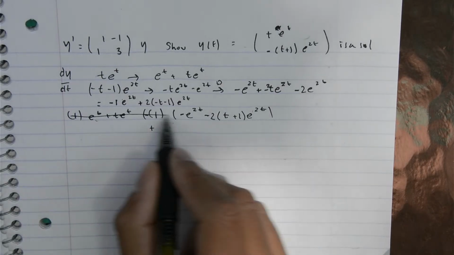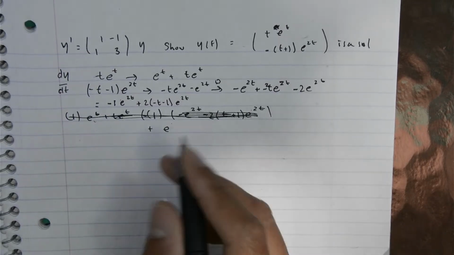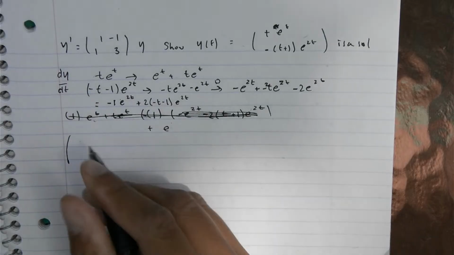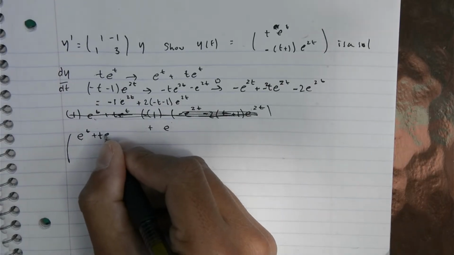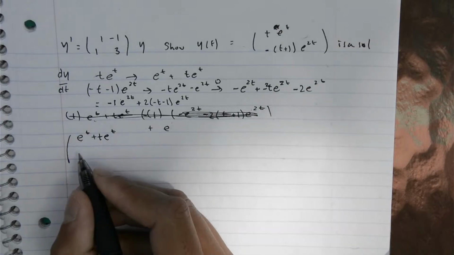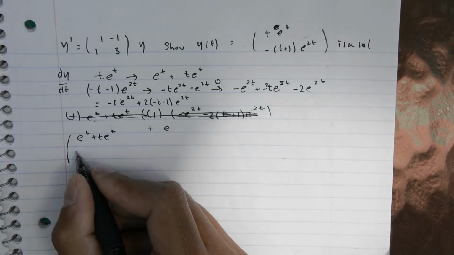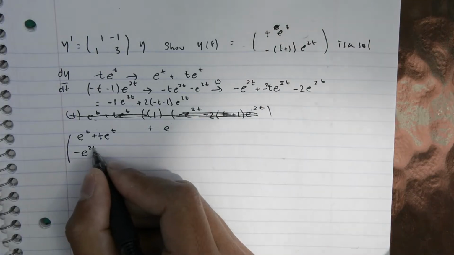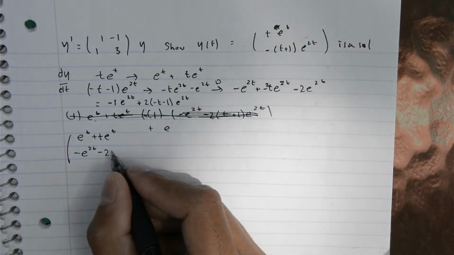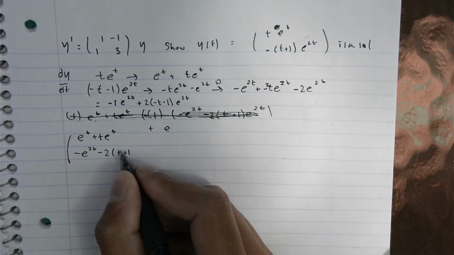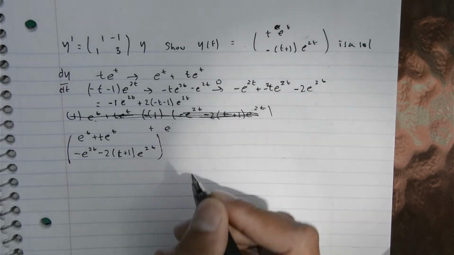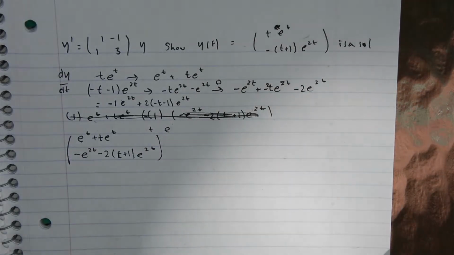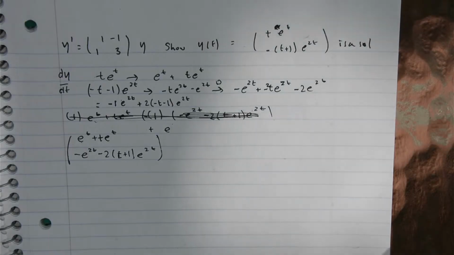Okay. So what we're trying to get is we have dy/dt on the left side, which is going to be e^t plus t e^t. And then this one is going to be minus e^(2t) minus (2t + 1) e^(2t). Something like, I think that's right. Let me just do a quick check.